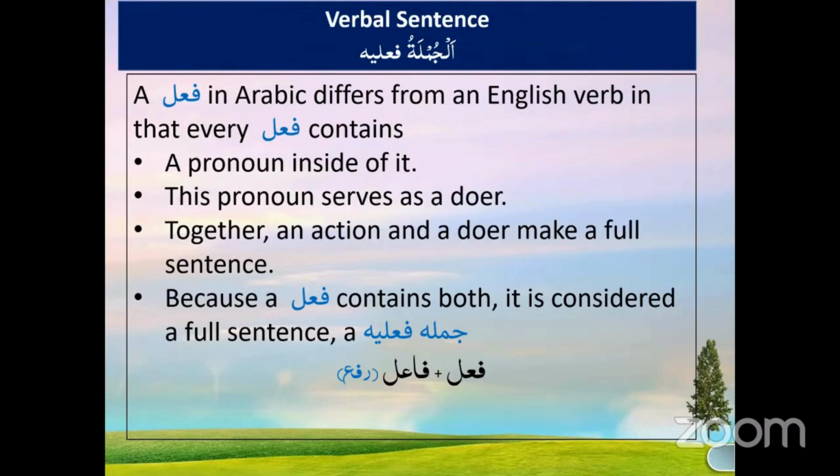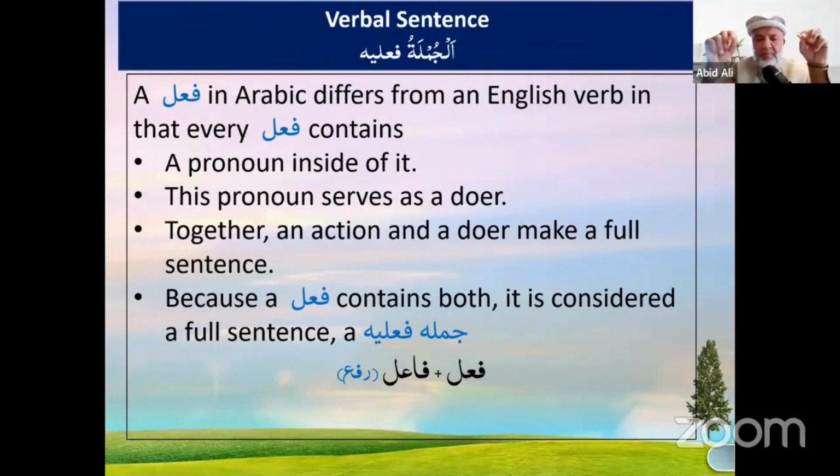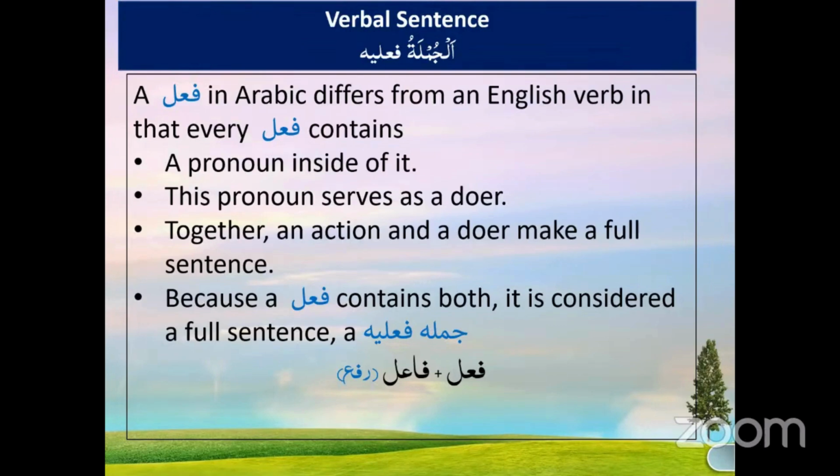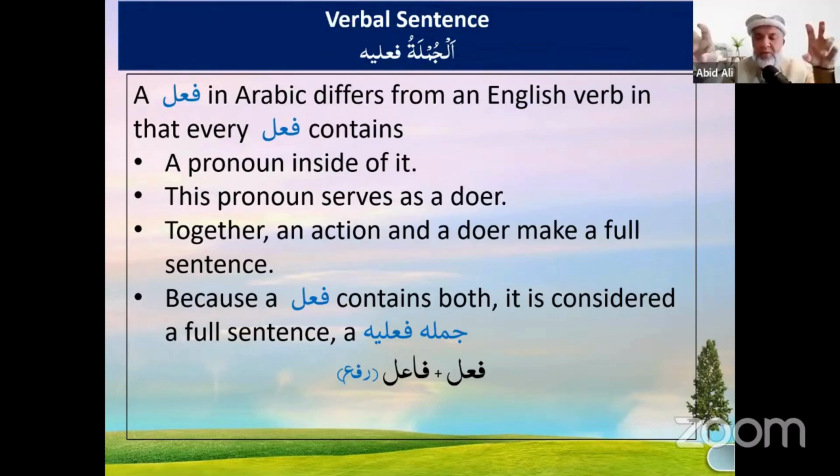What is that status going to be? Rafa. Yes. So this is one default piece of information we need to remember, and it will keep us successful in the rest of the course. If you can just remember this, that whenever we are dealing with a verbal sentence, the fa'il is in the status of rafa. And who has statuses? Does the verb have a status or the noun have a status? Noun. Noun has a status. So the fa'il is going to be a noun.